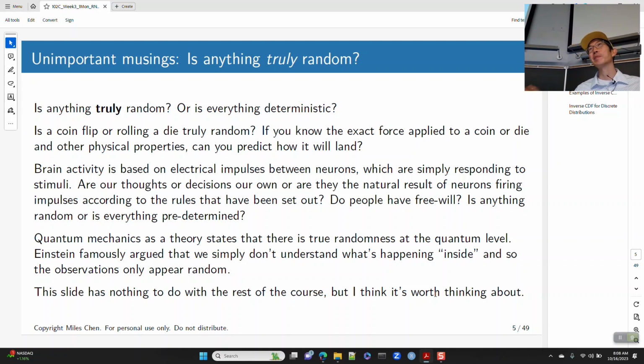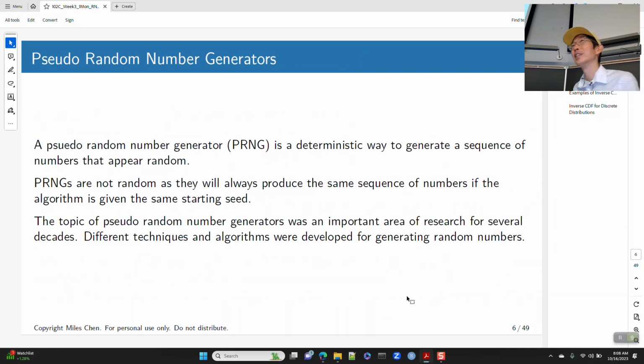As people, do we have free will, or are the words that I'm saying just the result of electrical signals happening in my brain, which are really just the results of physics? And if you think about it too hard, I don't think we can actually know the answers to these things, right?